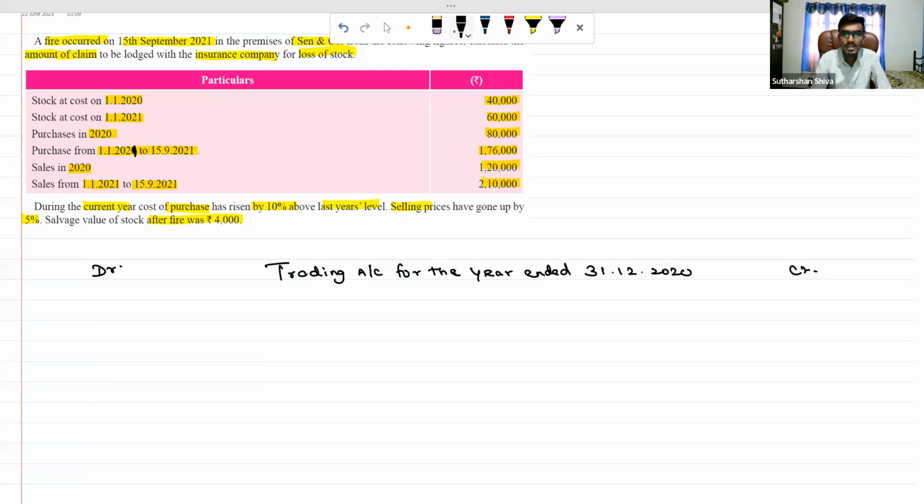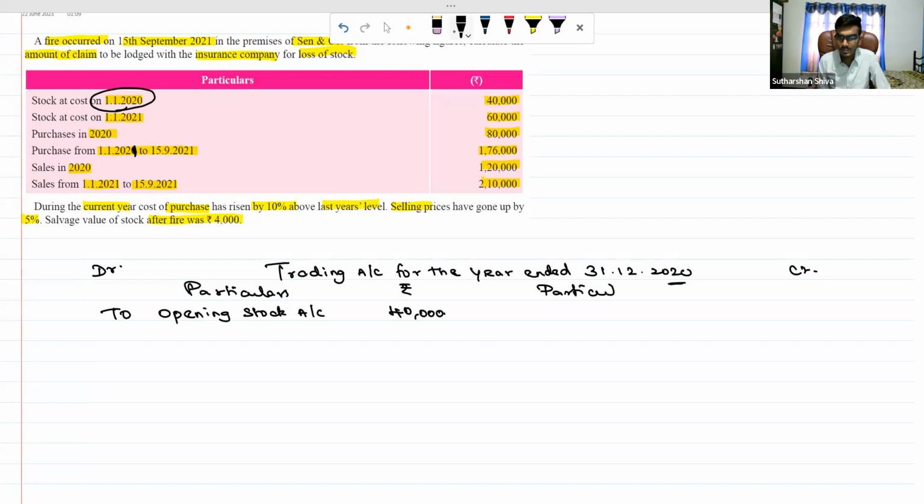First, based on the available information of 2020, let's identify the opening stock. So write: To opening stock, 40,000.